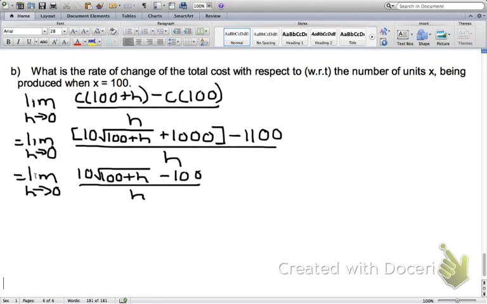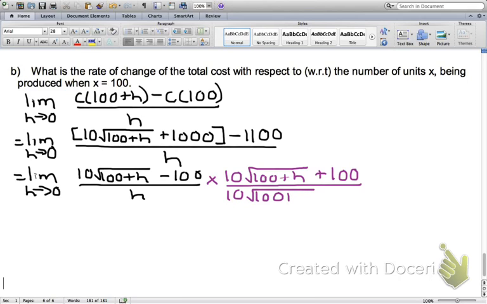So what we need to do to get that h value out of our denominator position, we need to rationalize the numerator. So we're going to multiply by 10 times the square root of 100 + h plus 100. We're going to do this both to the top and bottom, so both to the numerator and denominator. And remember, this is just rationalizing.